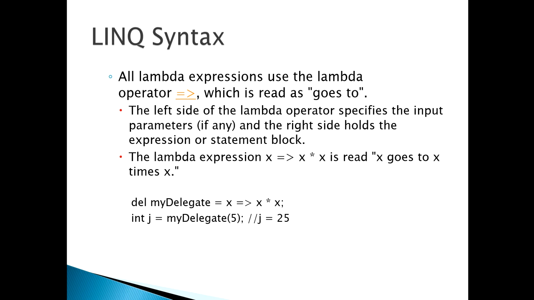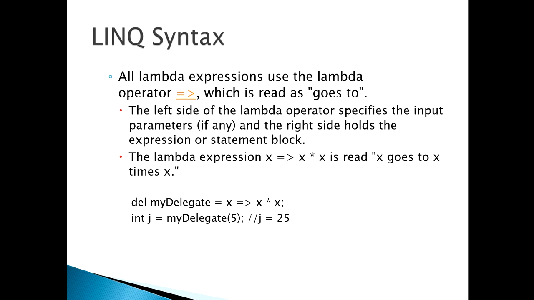That's an expression describing what will be returned by the lambda itself. So the lambda expression, x goes to x times x, means if I give you something for x, you're going to return x times x. So you can see down below, if we give you 5, you're going to return 25.